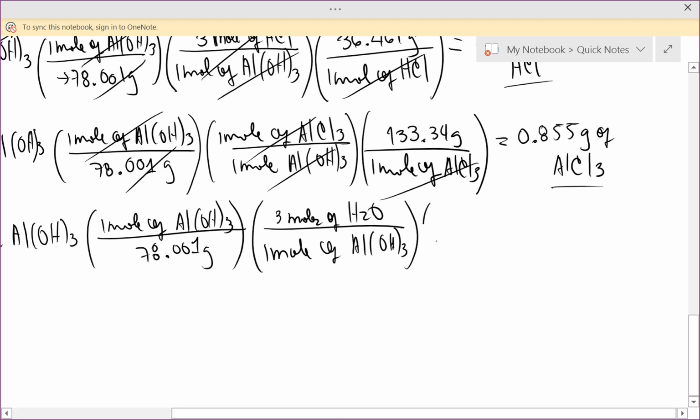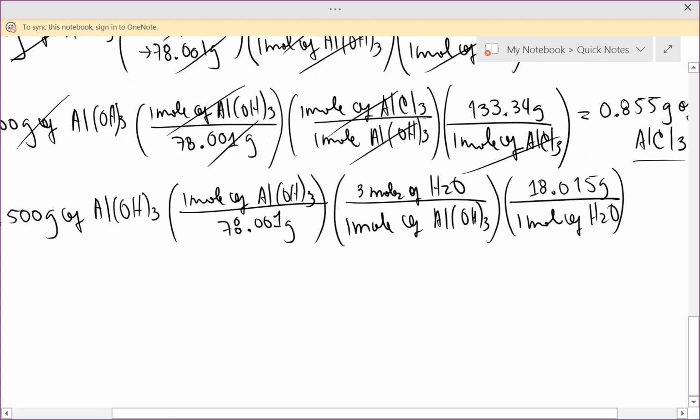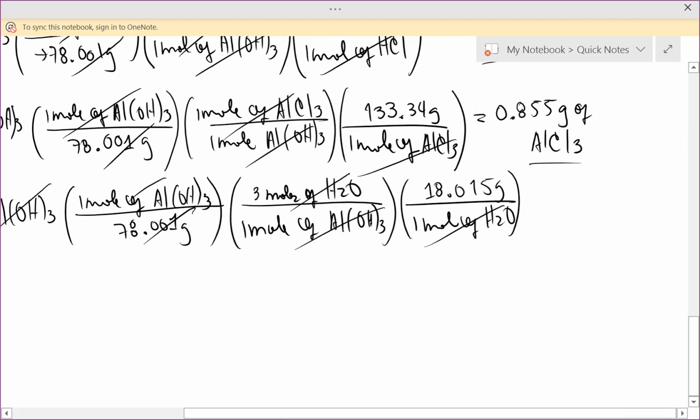So per each mole of water, H2O, in this case, remember the molecular weight of water is equal to 18.018 grams, right? So if we cancel these units out, same procedure as before, we get that we have 0.346 grams of water.